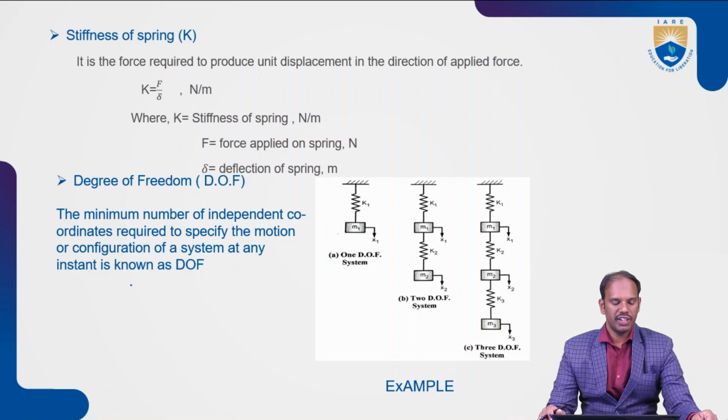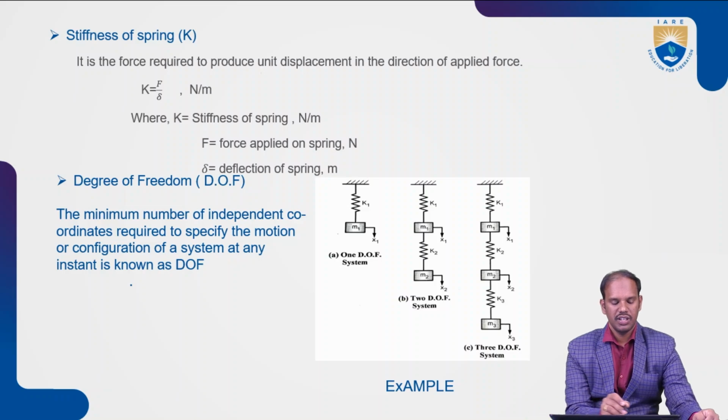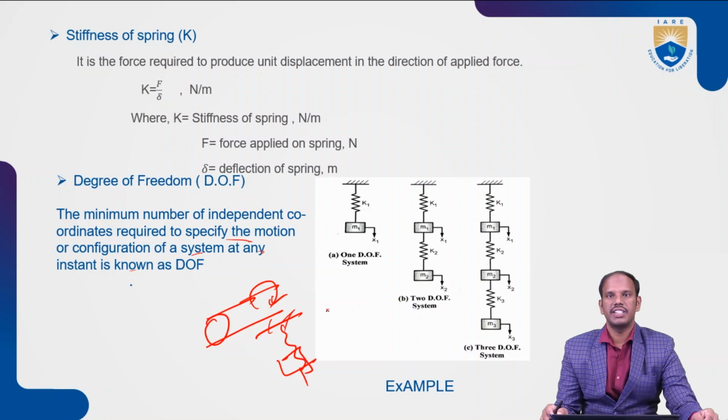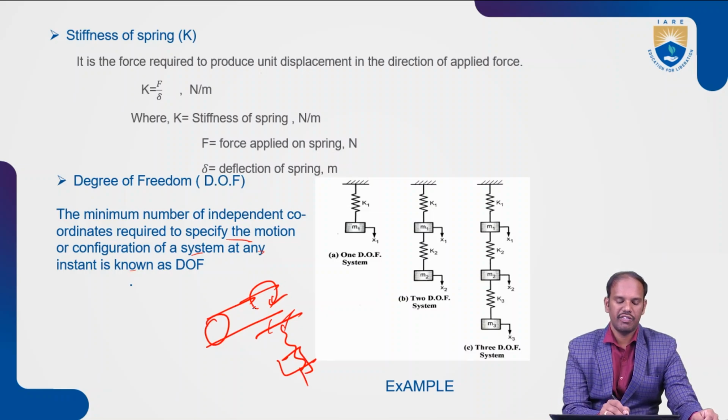Now, degrees of freedom. The minimum number of independent coordinates required to specify the motion or configuration of a system at any instant of time is known as the degrees of freedom. There is rotation and there is linear motion. Here one shaft has 1 degree of freedom, rotating in a particular rotation, and there is also a linearly moving motion.